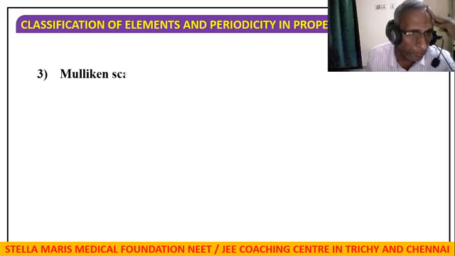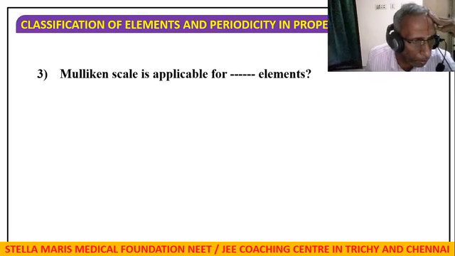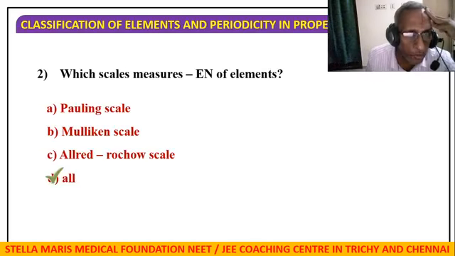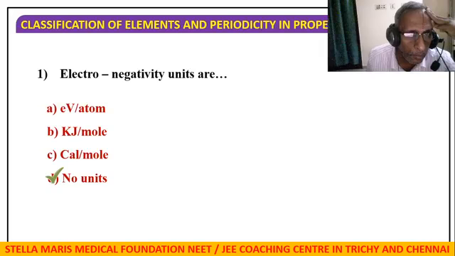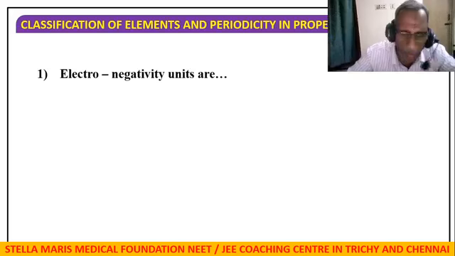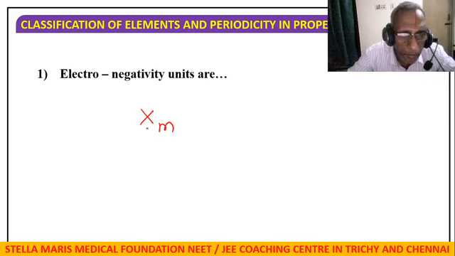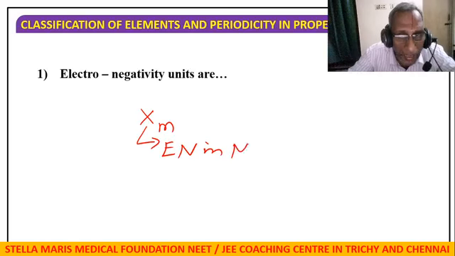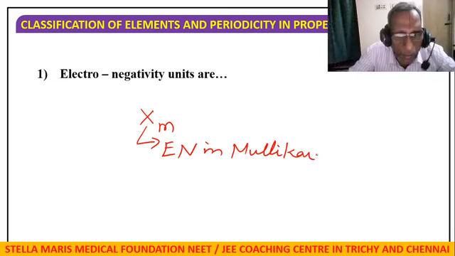Next question. See, let me use this. XM is the electronegativity in the Mulliken scale.